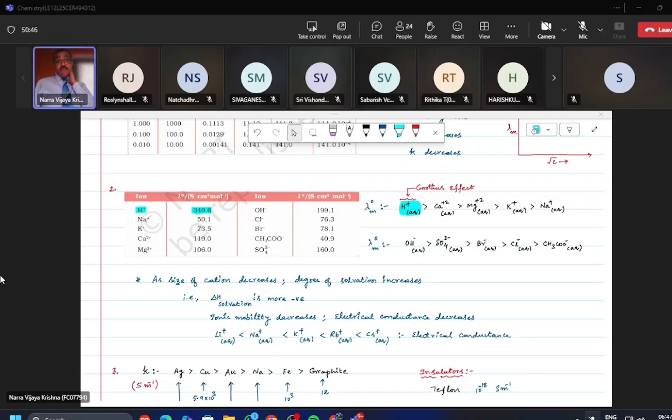Very, very, very important point. This ionic mobility part, up to 2006 we used to discuss. From 2006 they deleted it everywhere, and from many textbooks also. Reason? Up to 1995 they used to frame questions based upon ionic mobility.